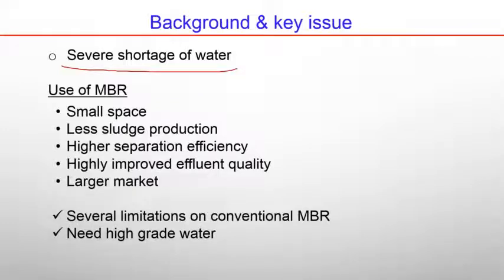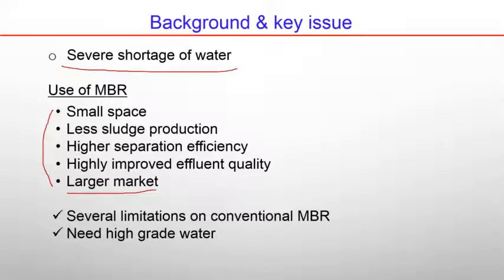In view of this, MBR has some advantages. MBR needs small space, has less sludge production, higher separation efficiency, and highly improved effluent quality. So recently, the membrane market is growing faster and has become a large market.